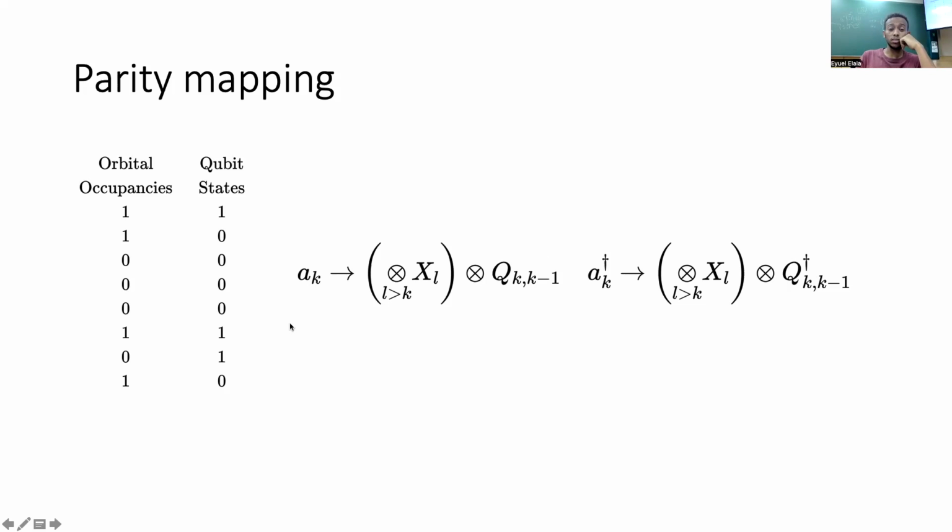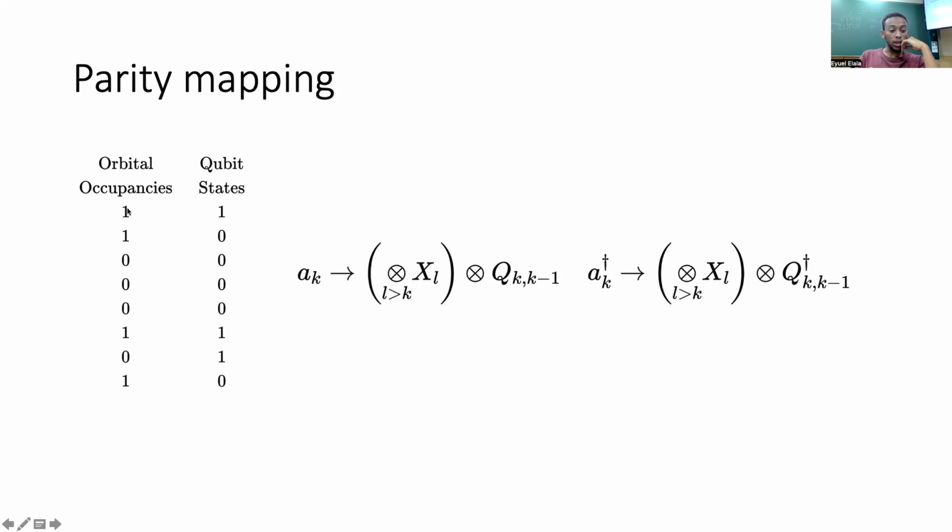Okay. So what is the advantage of parity mapping? It allows us to shrink the size of the Hamiltonian. If we see the occupancy here, we have a fixed number of, for example, the ones might represent the number of electrons.